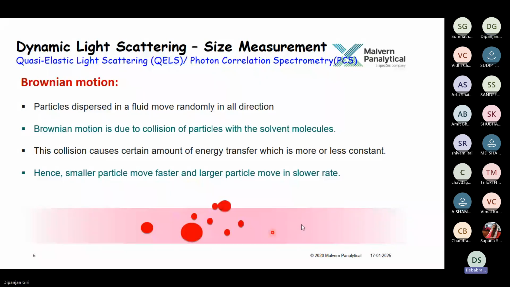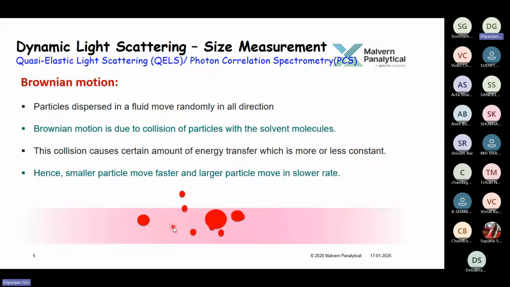These motions arise due to the collision of the particle with the solvent molecules.